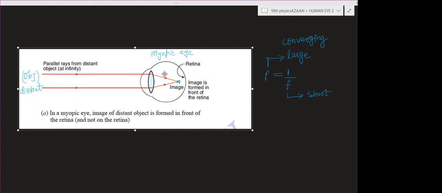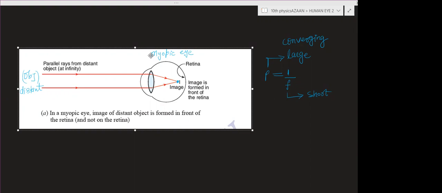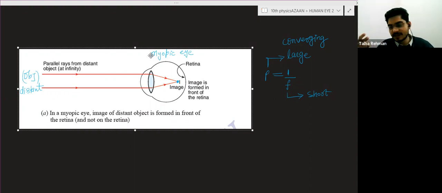Just apply your mind. I have told you na, the retina has two types of light sensitive cells, rods and cones. Due to that, this image is converted into electrical signals, and those electrical signals are sent to the brain by the optic nerve.